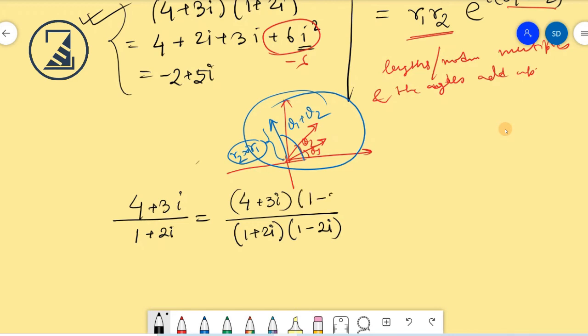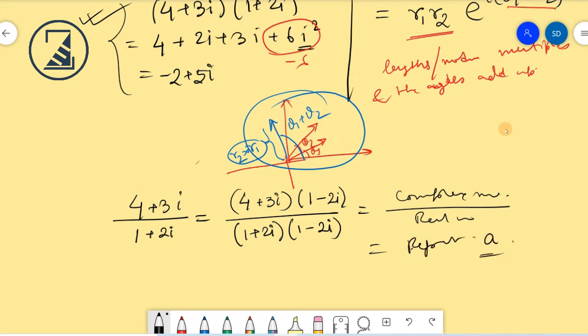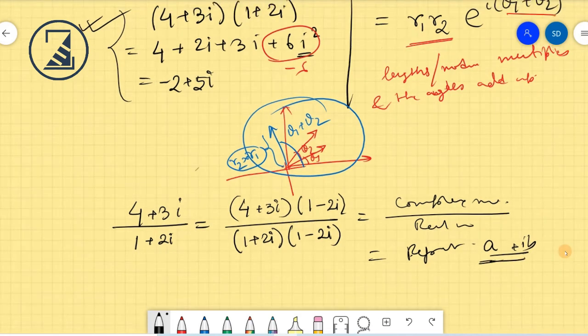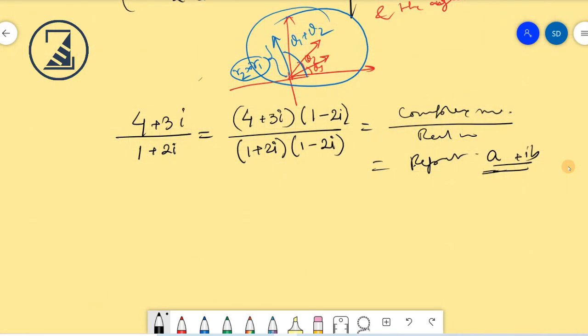So this is 1 minus 2i. If you do this calculation, you will get a real number here, and the multiplication will give you a complex number here, and then you represent it in the form of a plus ib. That will be the answer of your division.